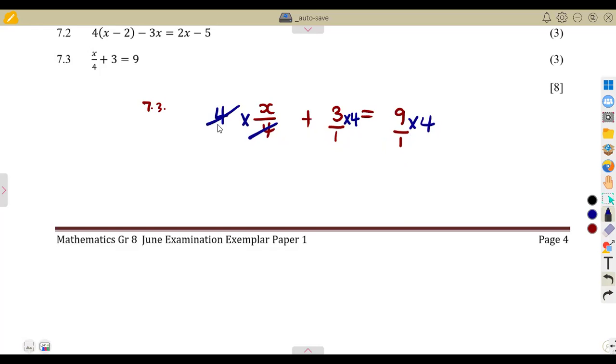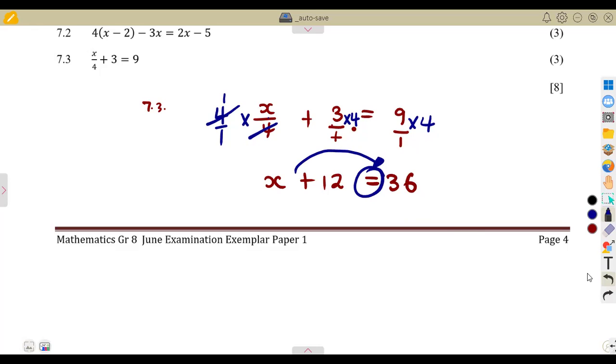So this can cancel because it's the same as 4 over 1. So it's a 1 times x, which is x. All right, 1 into 4, that is 4 times 3, that is 12. 9 times a 4, this is going to give us a 36. So you can now transpose or take the 12 to the other side of the equation.